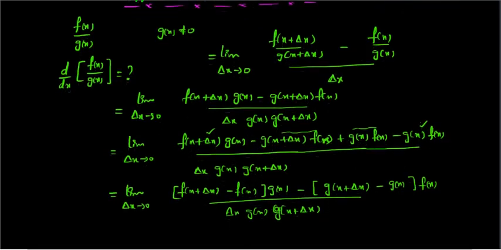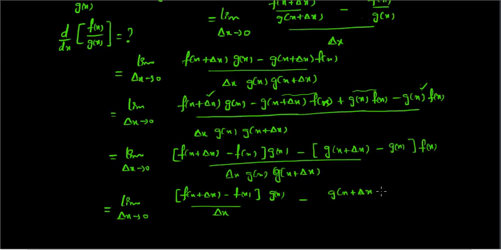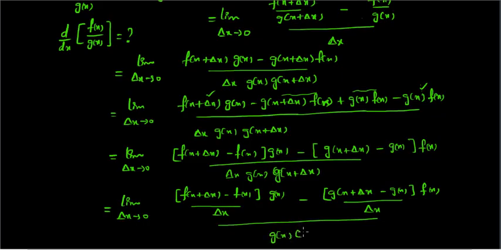If you take some space down, we can rewrite this by taking del x into the denominator of each term. In that case, we can write limit del x tends to 0, f of x plus del x minus f of x over del x, times g of x, minus g of x plus del x minus g of x over del x, times f of x, whole divided by g of x times g of x plus del x.